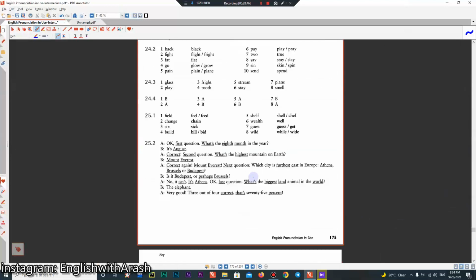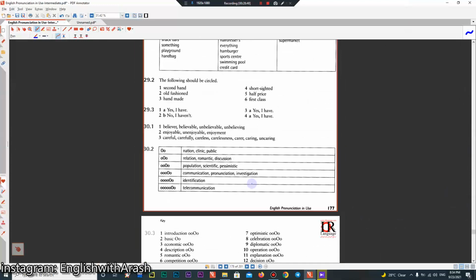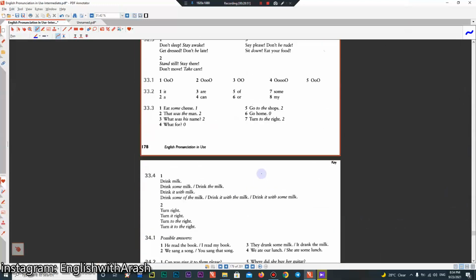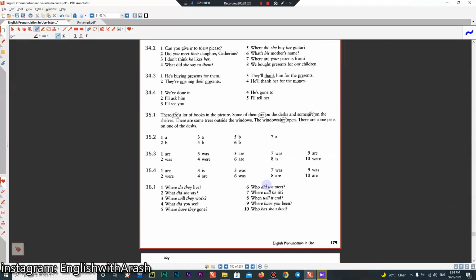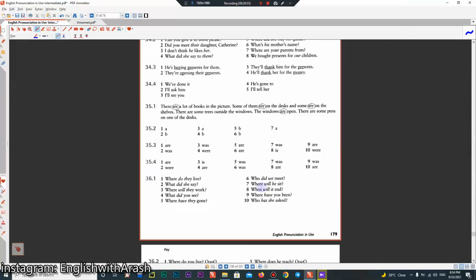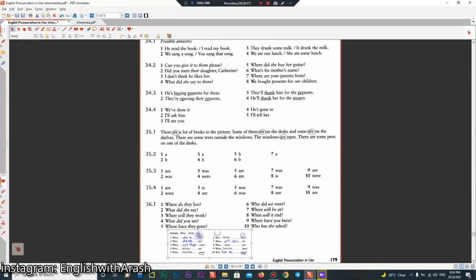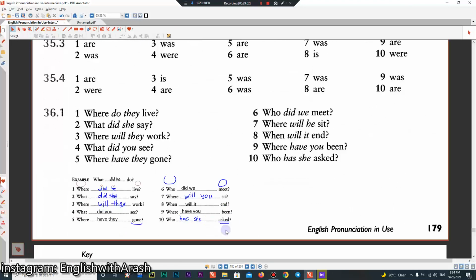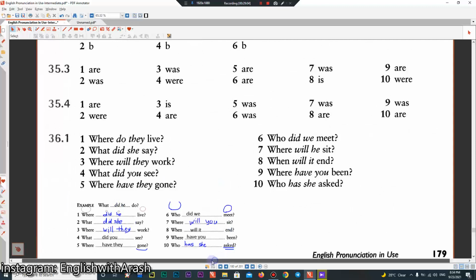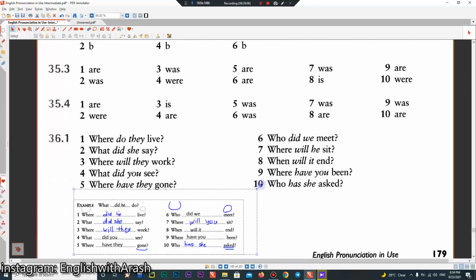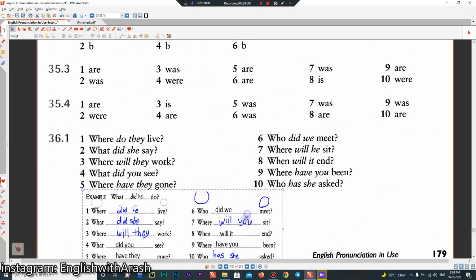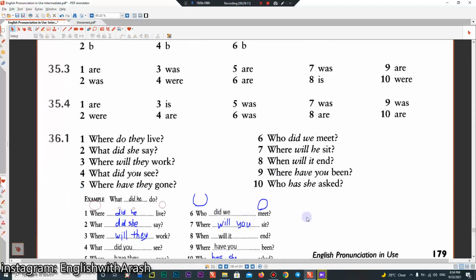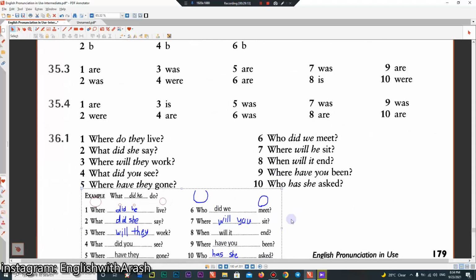But basically the important lesson is we learned the pronunciation. Let's see what we did.